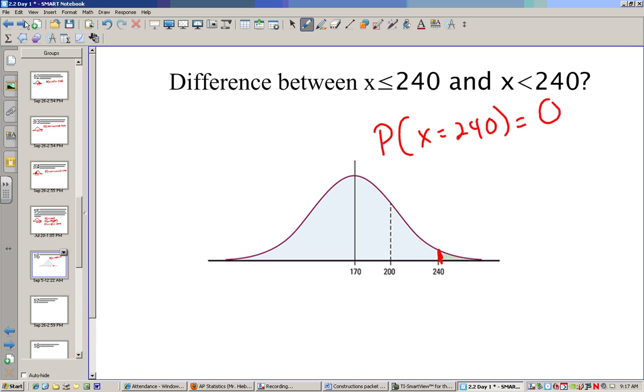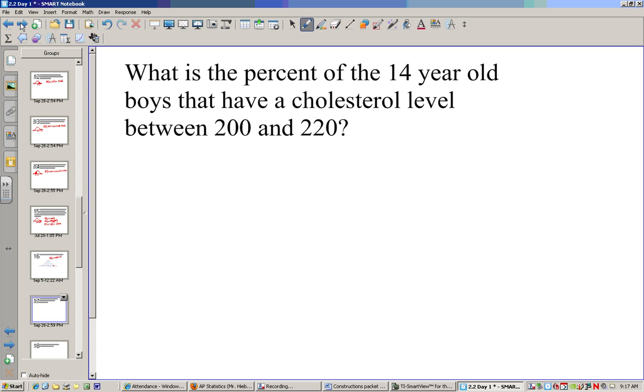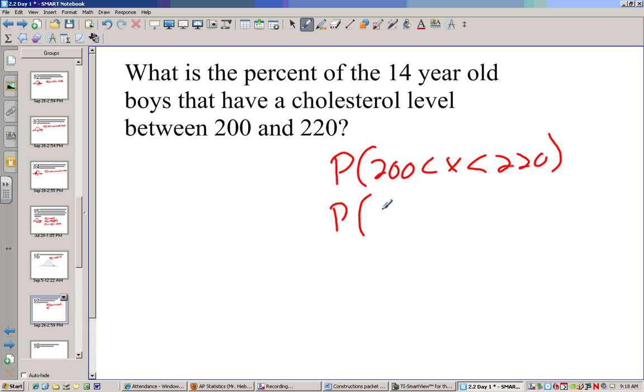It's kind of hard to wrap your head around, but the probability of one thing actually happening is 0. What is the percent of 14-year-old boys who have a cholesterol level between 200 and 220? So what we do is the probability that my x value is between 200 and 220 is the probability that my z-score is between 200 minus 170 over 30, and now I switch to z, 220 minus 170 over 30.